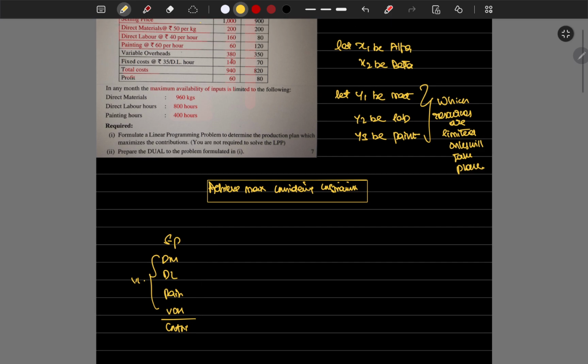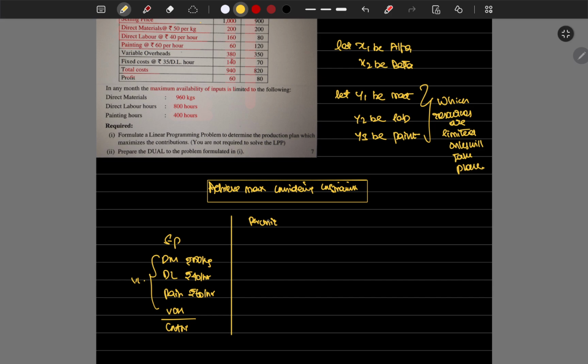Direct material is rupees 50 per kg, direct labor is rupees 40 per hour, and painting is rupees 60 per hour.